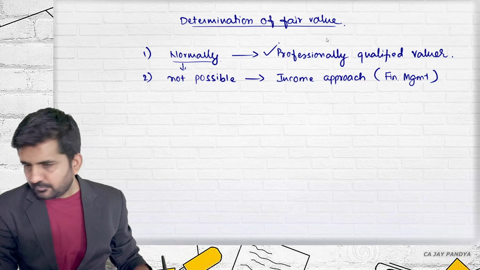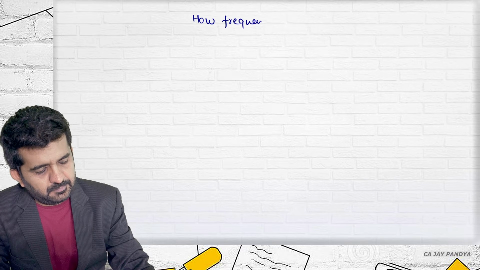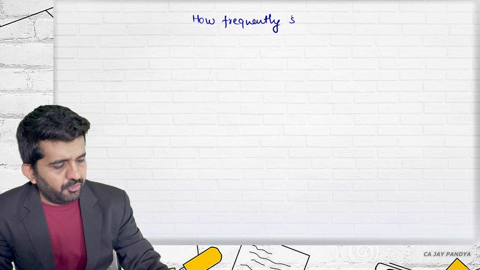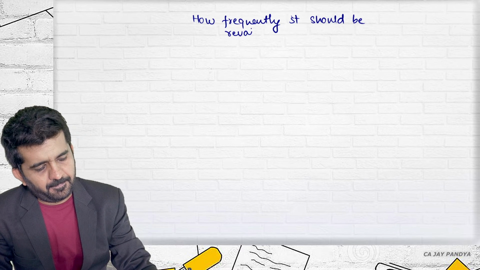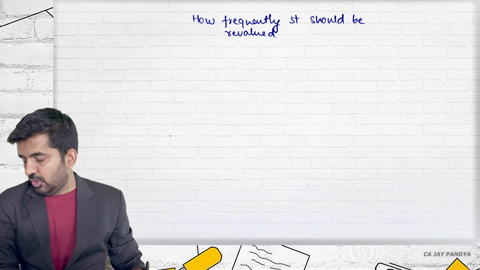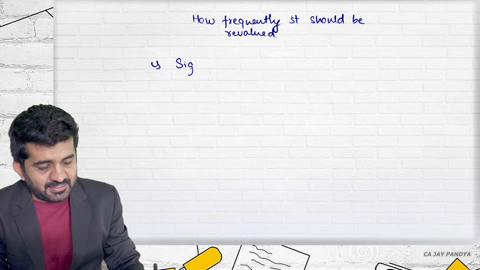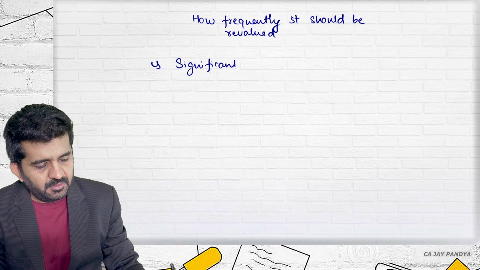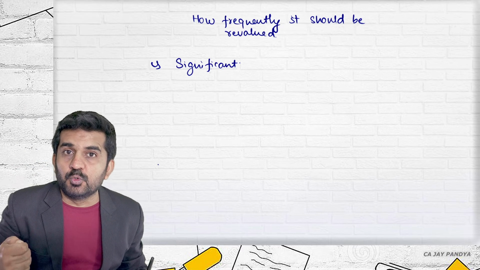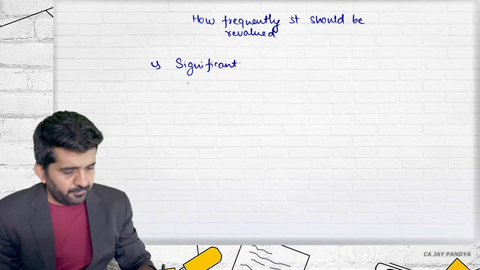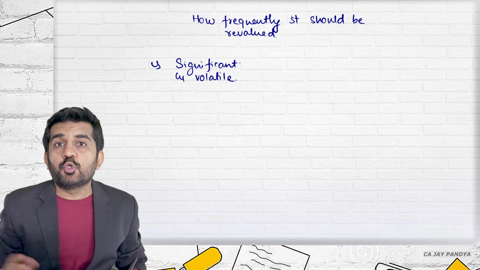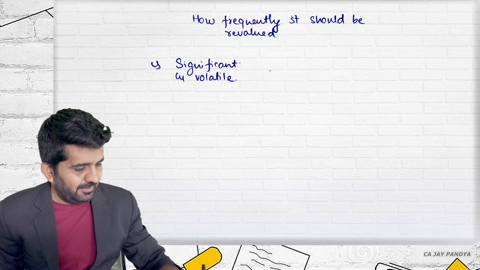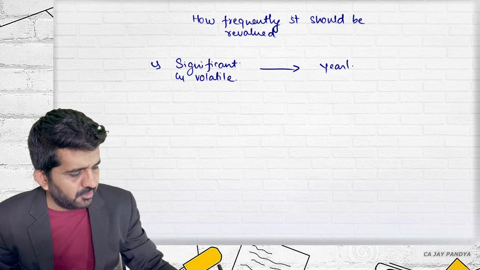Number 2 is how frequently it should be revalued. If the asset is significant, significant in the case of use also, in the case of value also, and volatile, so the asset value is changing now and then, it should be done yearly.